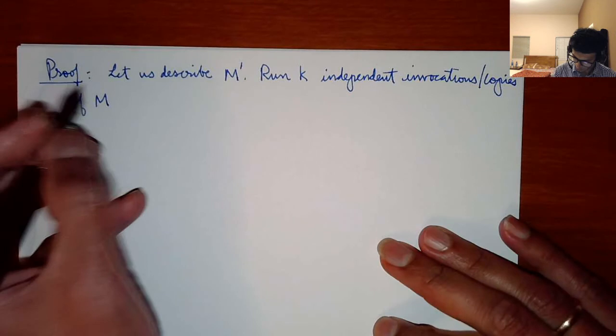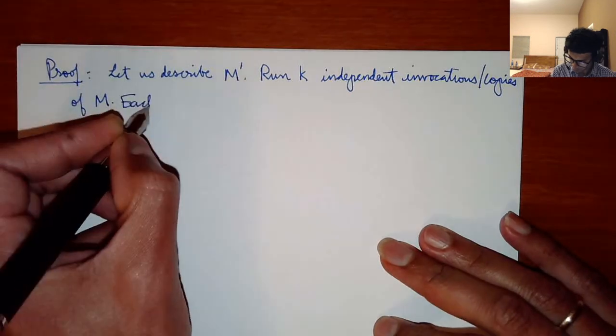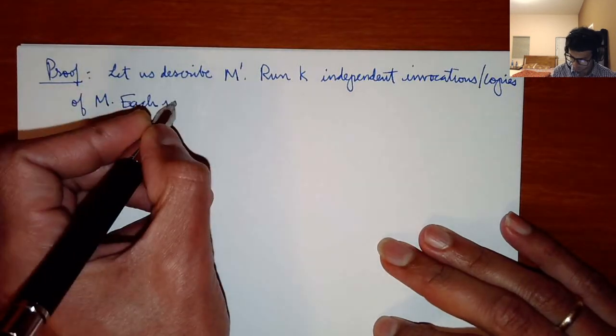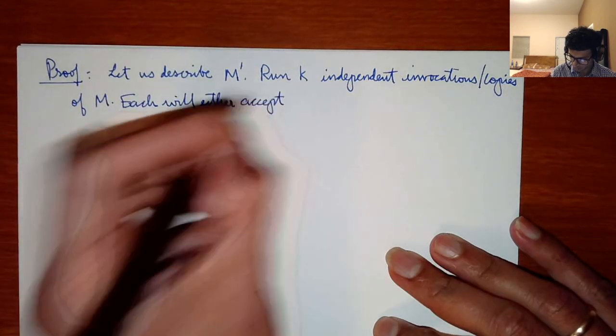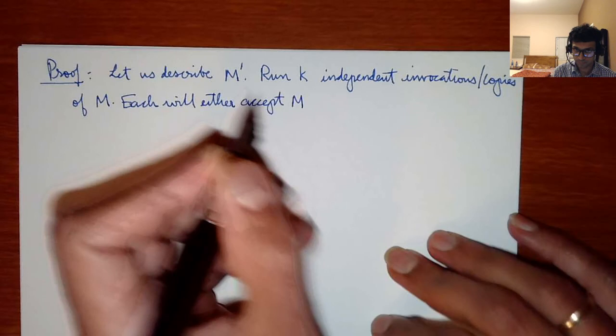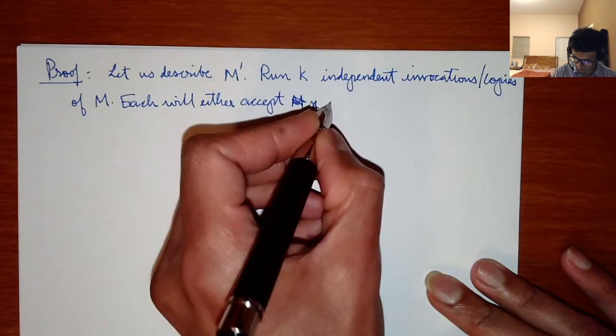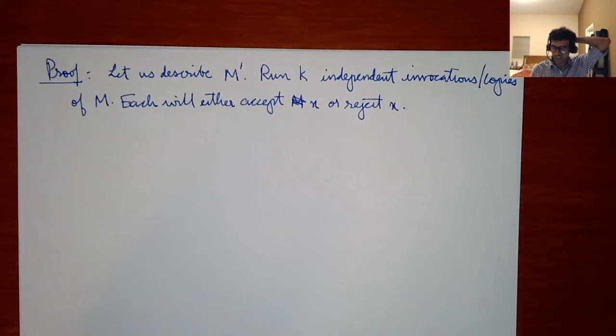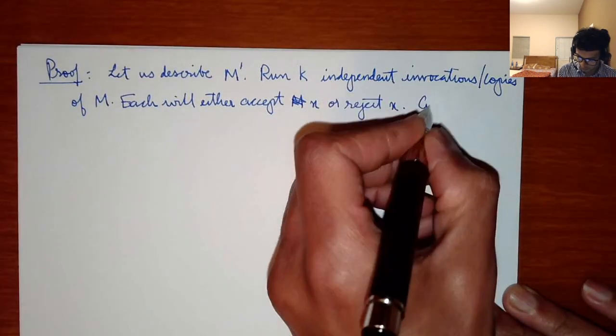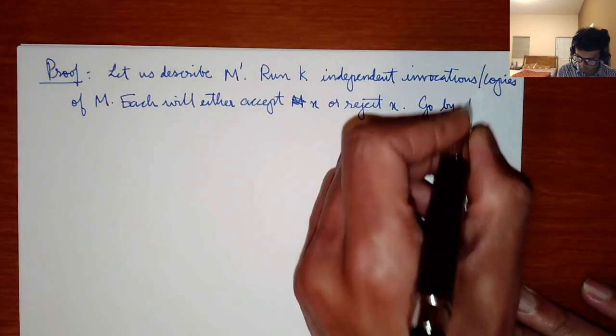Now, each will either accept X or reject X. I'm fixing the input as X. You run k independent copies of M. Each of these copies is either going to accept the input or reject the input. Go by the majority vote.